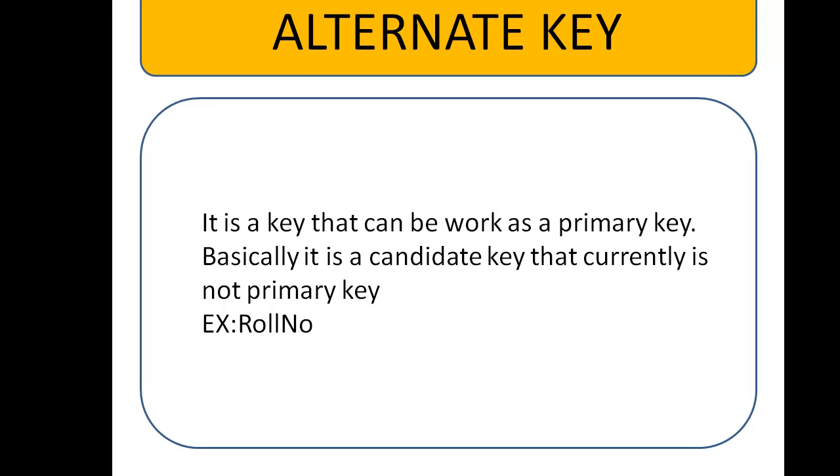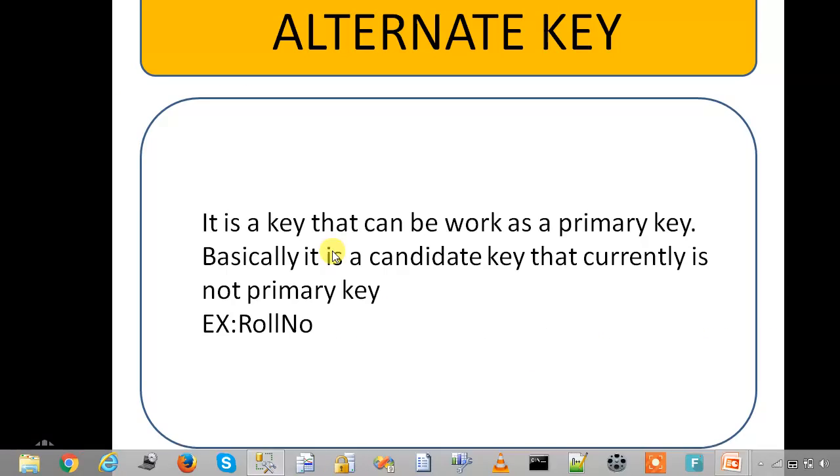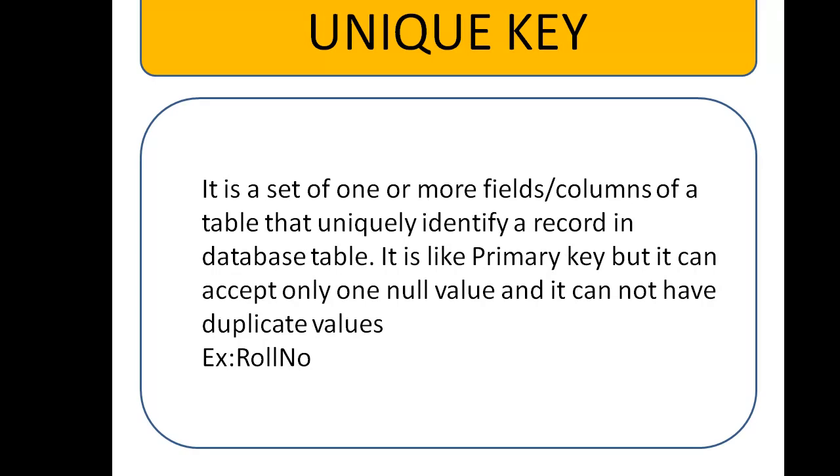So alternate keys are from the total list of candidate keys in a table except the primary key. Here we can take roll number. Roll number also can be created as a primary key but is not marked as a primary key here, so we can call it an alternate key.